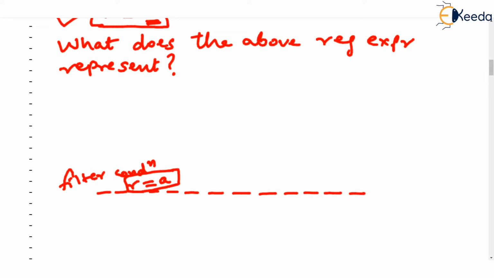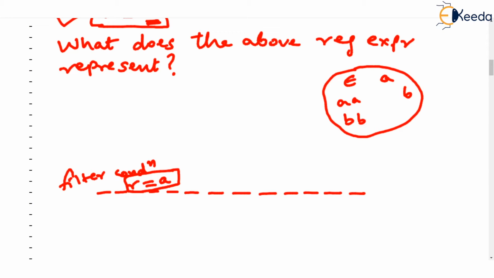And now you imagine this big set which contains all possible strings made up of A and B. Just imagine this. I am writing only a few strings, but this is a very big set of strings made up of A and B. And now you decide that you will pour these strings one by one on this filter.